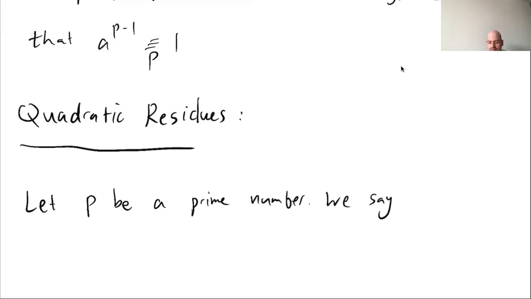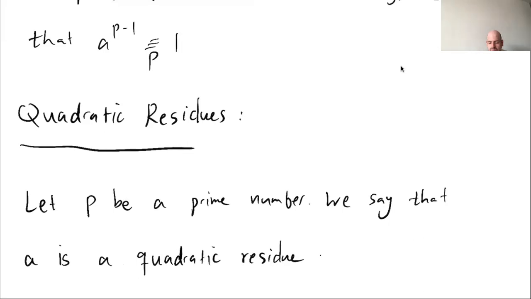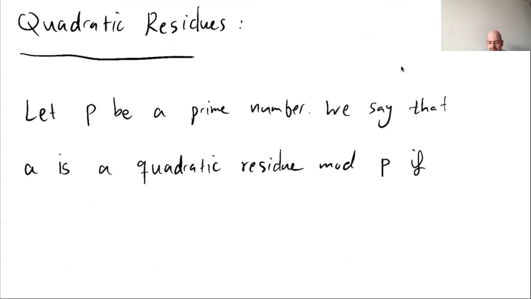We say that a is a quadratic residue mod p if a is congruent to, let's say, b squared mod p for some b in Zp.